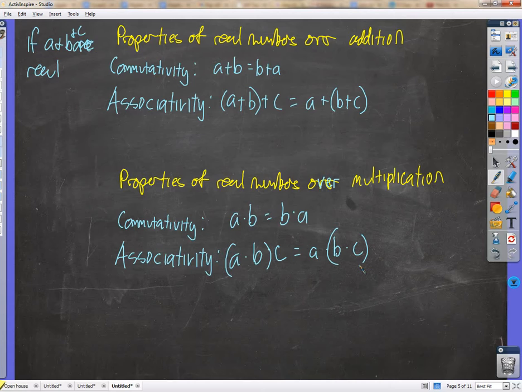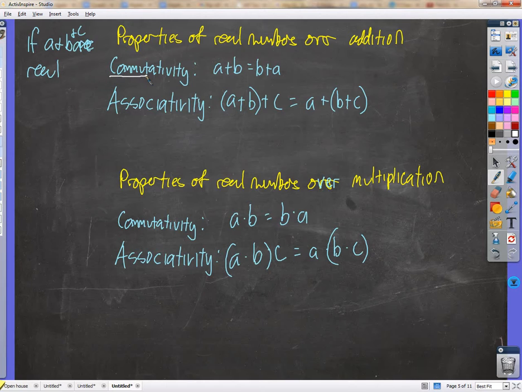So, to help you remember which is which, let's look at the words. What's the root word of commutativity? Commute. What does it mean to commute? To go places. Yeah, if I commute, usually we're talking about to work. I drive to work, I travel from one place to another.